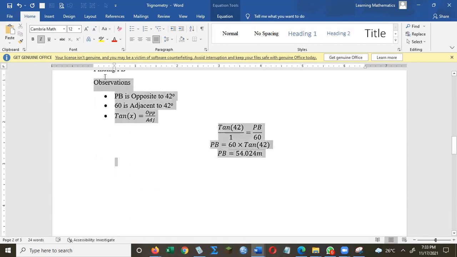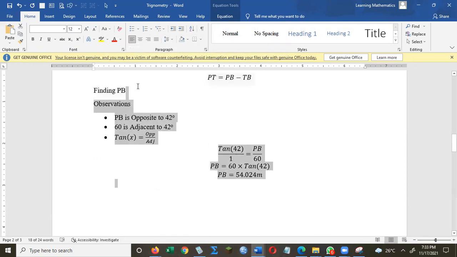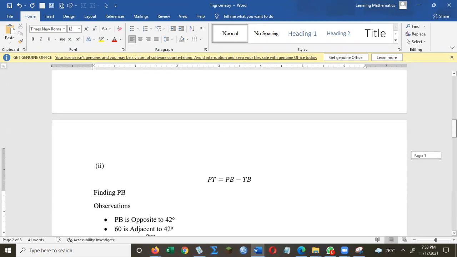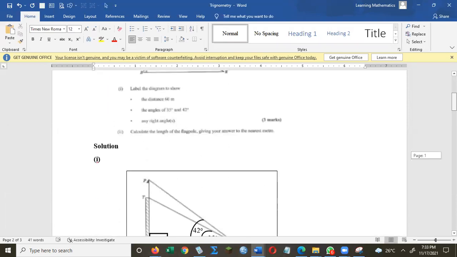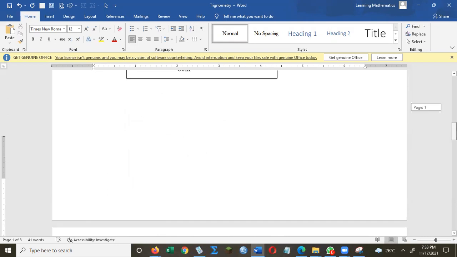We have to go through the same process. So we have just found PB. Now we have to find TB, which will be smaller. Right. So TB now is opposite to 45 degrees.